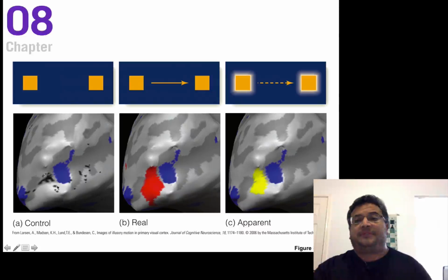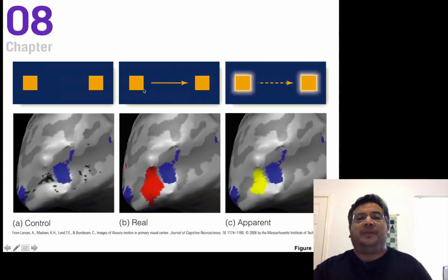So this right here is the cortex. This would be the back of the head right here. This is the occipital lobe here. So we notice that when we flash these two dots simultaneously, it looks like you can see both dots represented in the visual cortex.